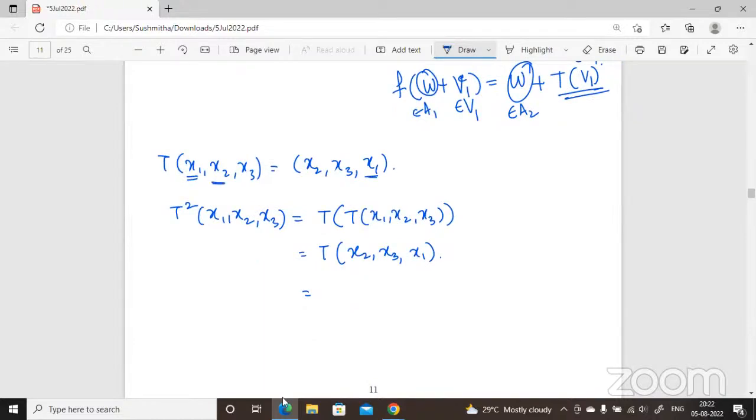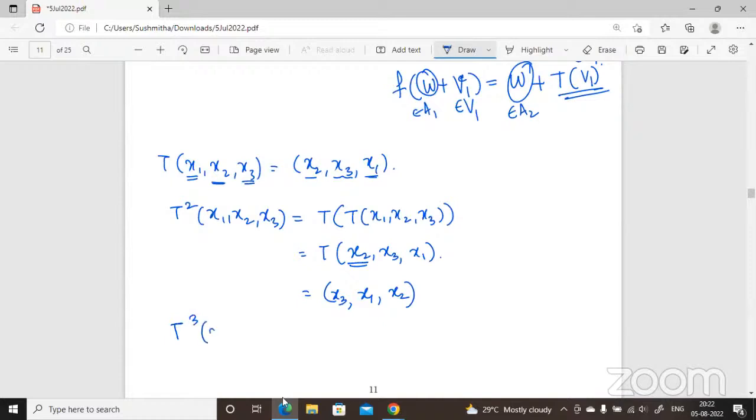Whatever is the second coordinate will be sent to the first position. Whatever is the third coordinate will be sent to the middle position, right? So what is T of x2, x3, x1? The first coordinate goes to the last position, the second goes to the first position. x3, x1, x2. Is it clear? Yes.